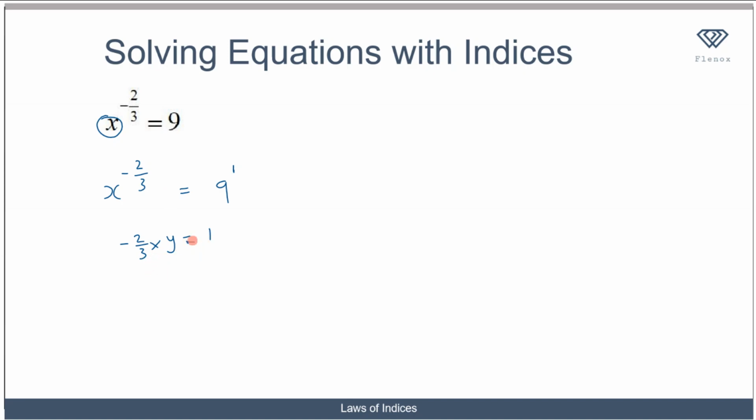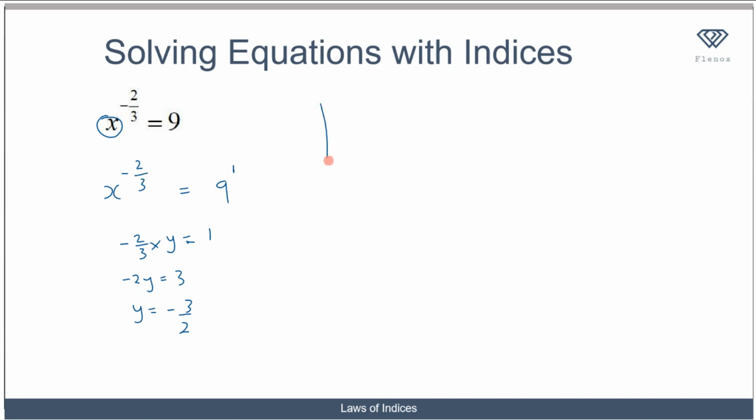When I cross multiply, I see that minus 2y is equal to 3, and I see that y is equal to minus 3 over 2. So if I multiply this number here by minus 3 over 2, I'm going to get 1. So to remove the exponent, all you have to do is multiply it by the reciprocal of the same number. So you do that to both sides of the equation.